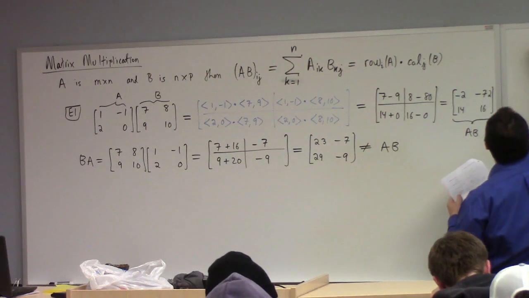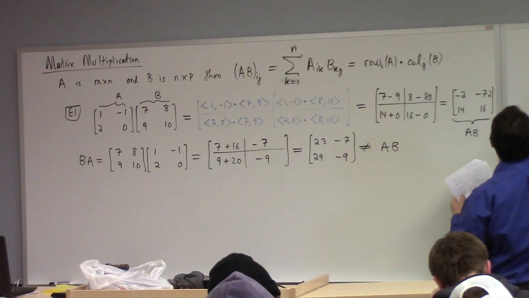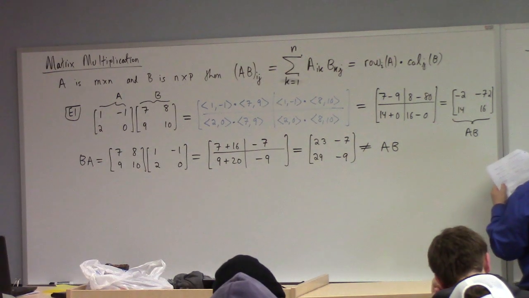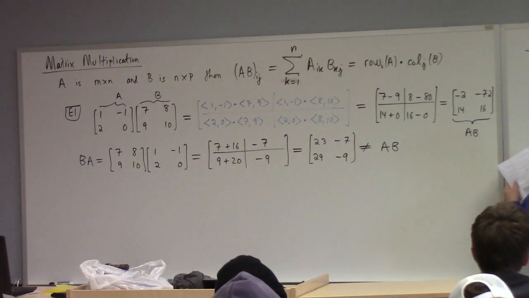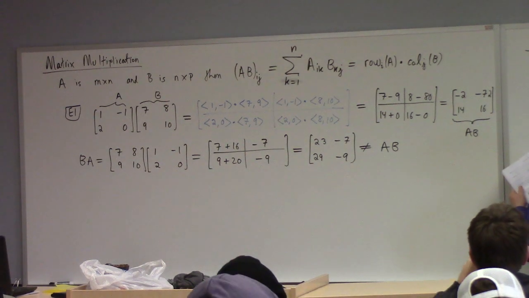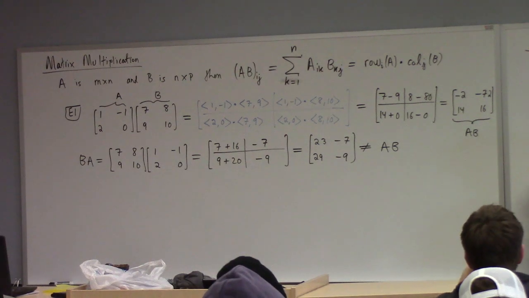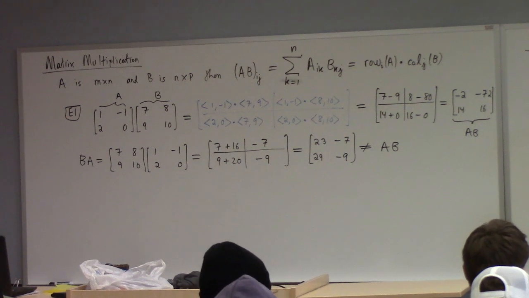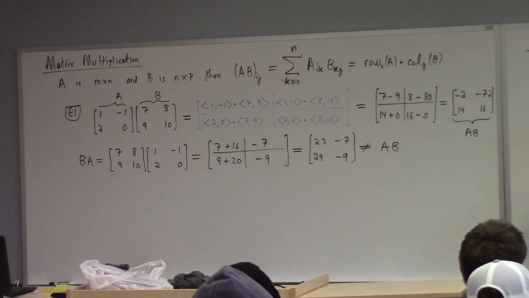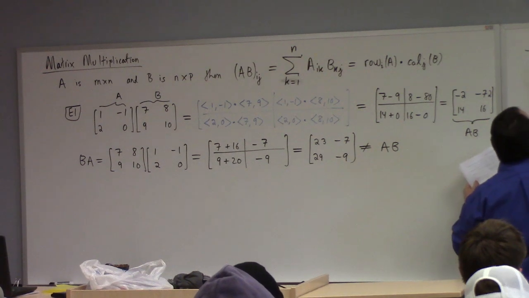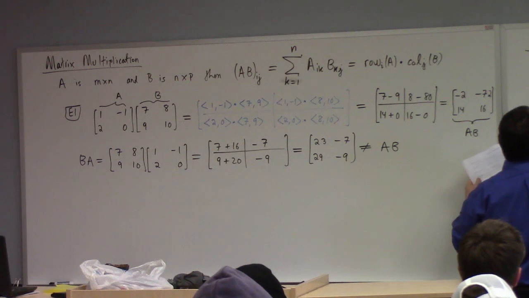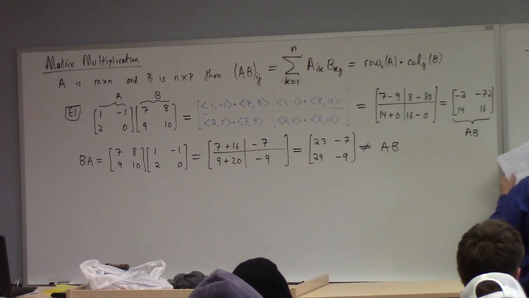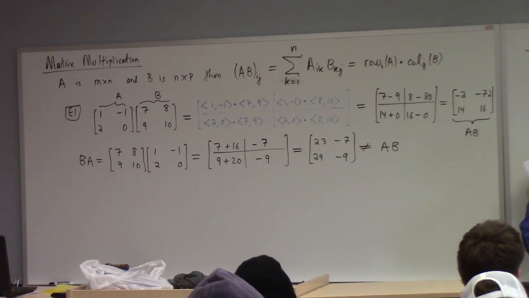So, proposition. If A is an element of R^(m by n), and B is an element of R^(n by p), then we can write AB as A times B, where B is column 1 of B, column 2 of B, dot dot dot.